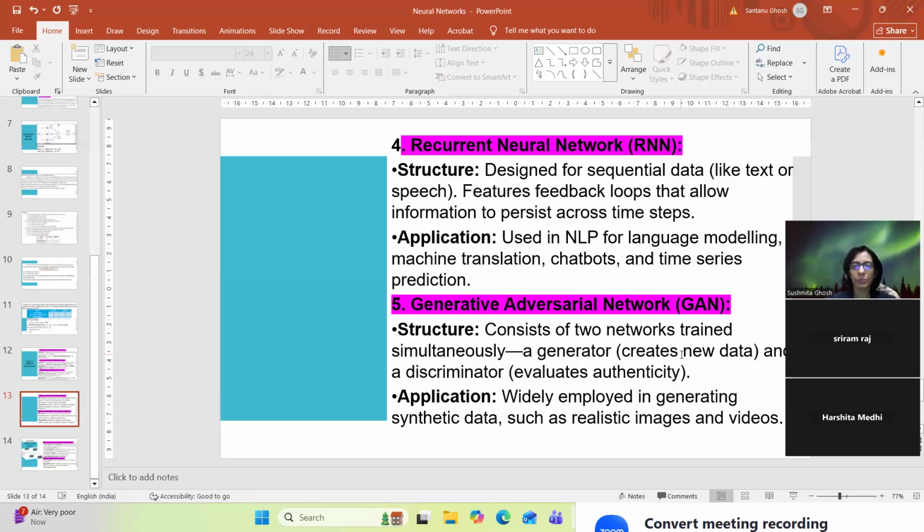And the fifth one being the generative adversarial network, which is my GAN. We have seen in the previous chapter that we are using two networks. One is the generator and one is the discriminator. The generator keeps generating images and how similar they are to the original one is being checked by my discriminator.